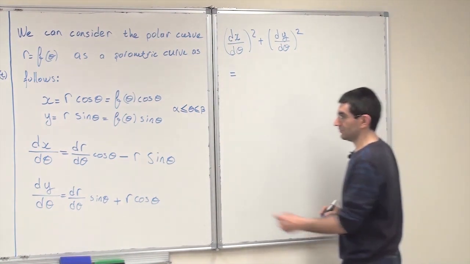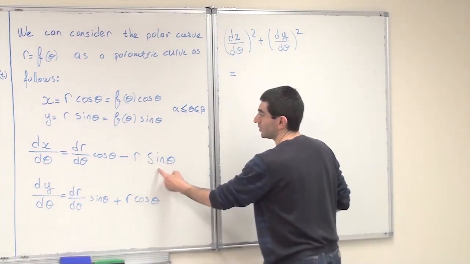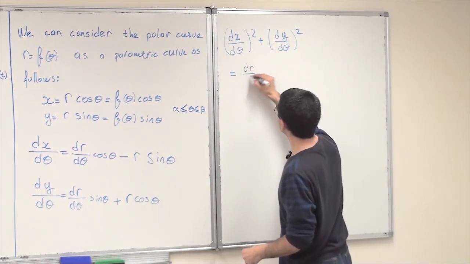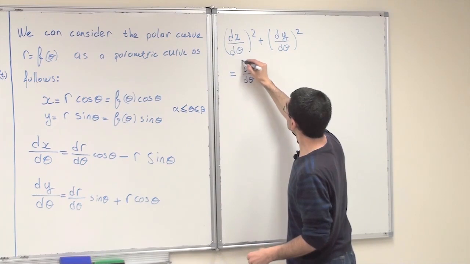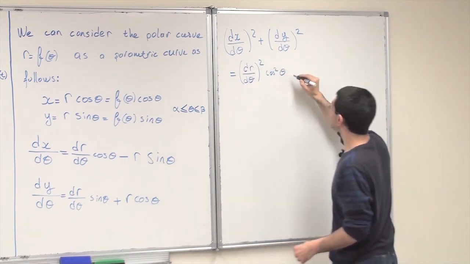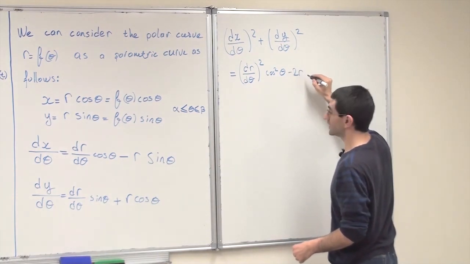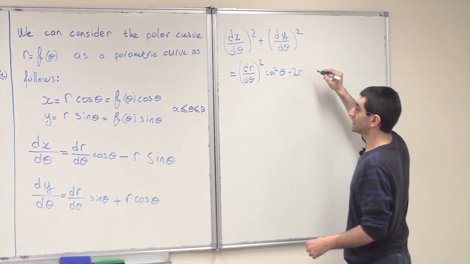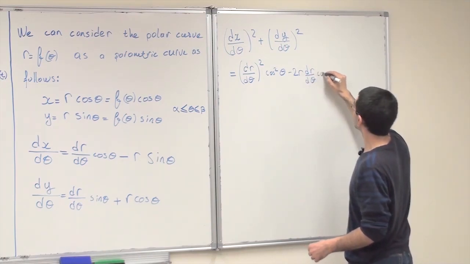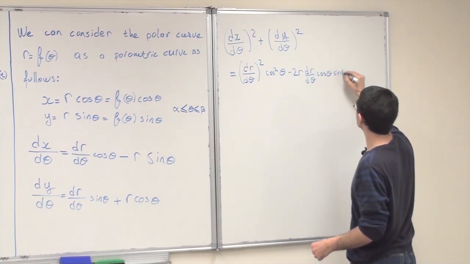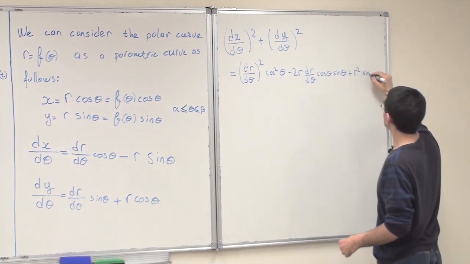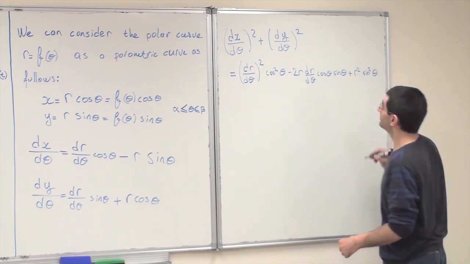If we square dx over d theta, we get dr over d theta squared cosine squared theta minus 2r dr over d theta cosine theta sine theta plus r squared sine squared theta.